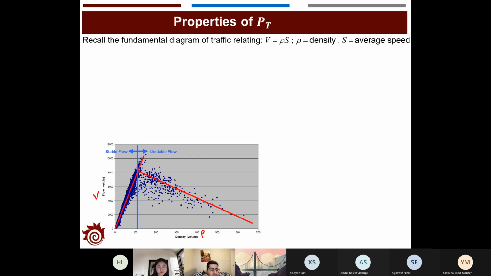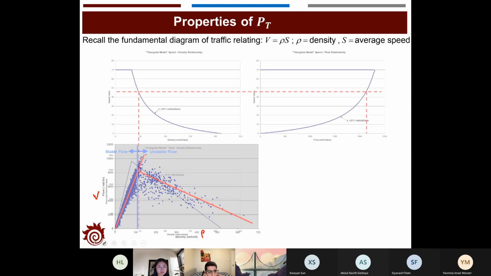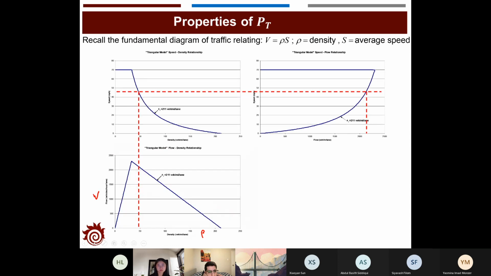By extending this fundamental diagram, you can find out the speed density relationship and the speed flow relationship. So these would be the three figures for the fundamental diagram.